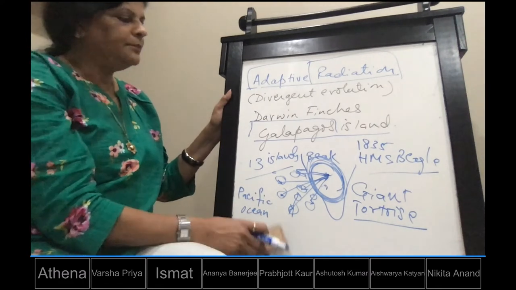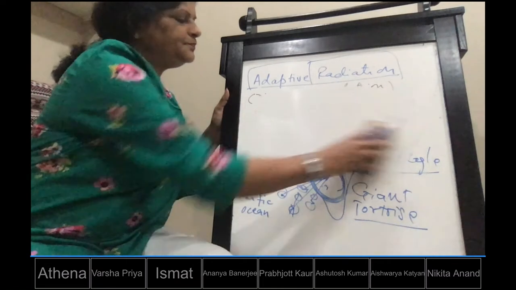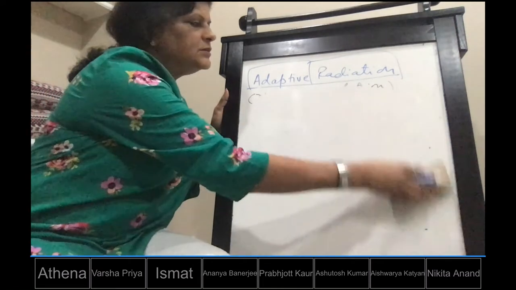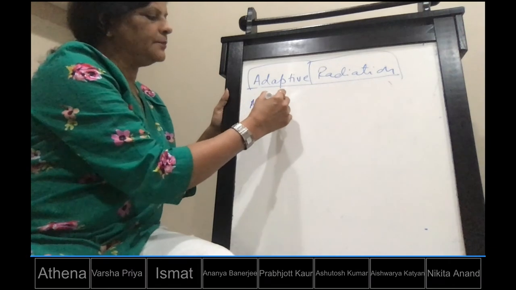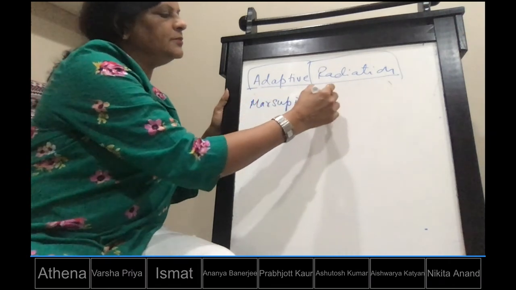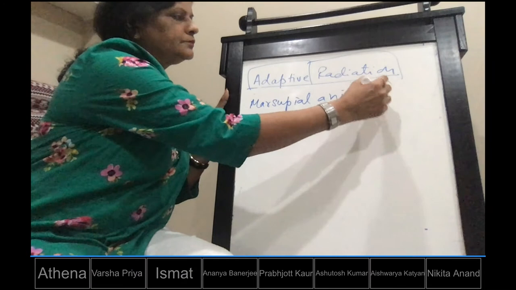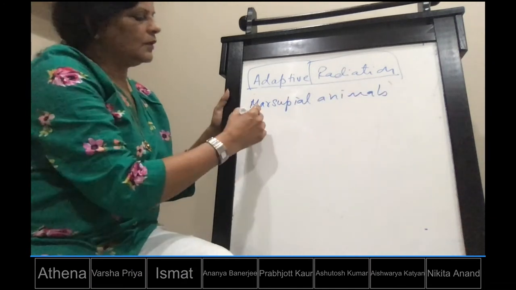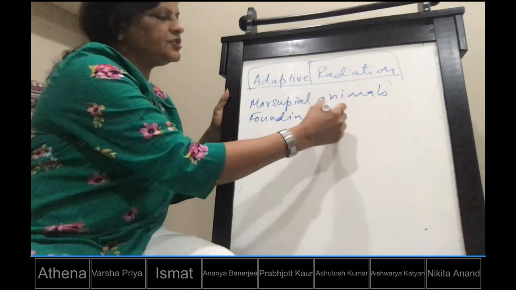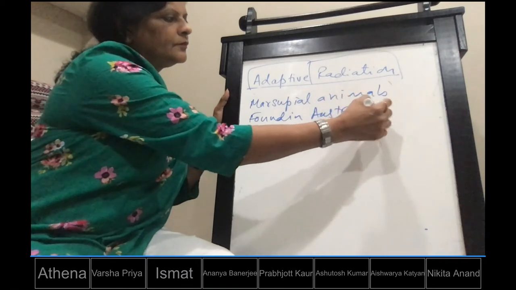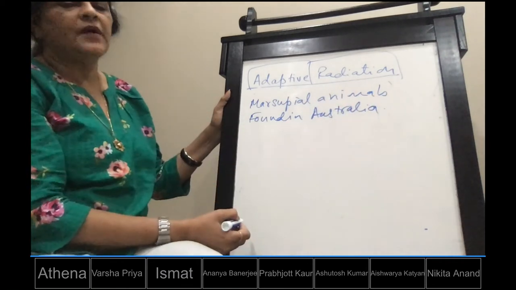And another example of adaptive radiation is the marsupial animals. Second example, marsupial animals found in Australia.